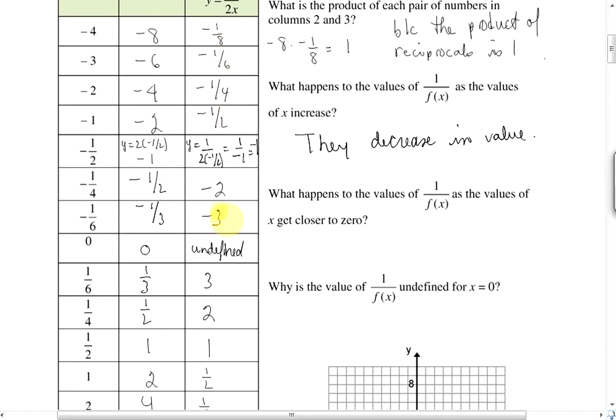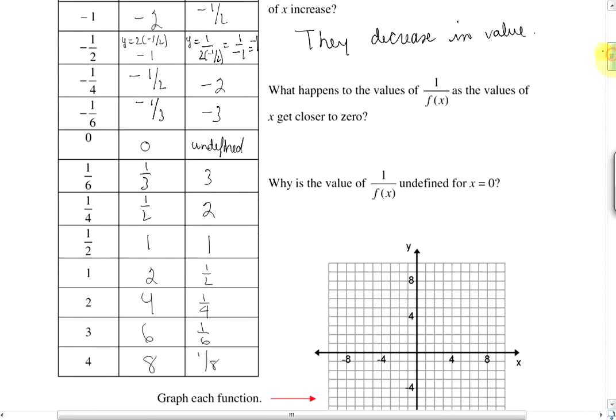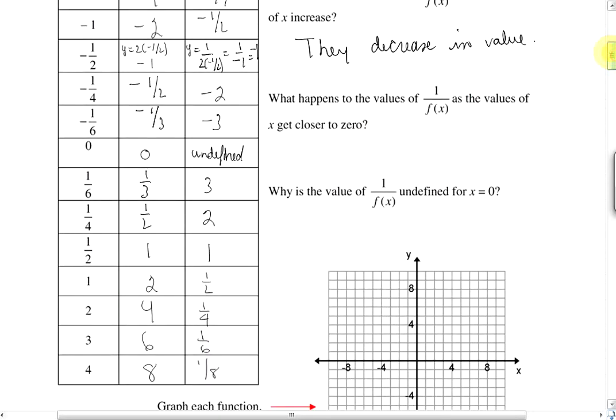Their absolute value is getting bigger. And when these x values, our positive values, get closer and closer to 0, our y values are getting larger and larger. Okay, so we say that the absolute value of 1 over f of x gets bigger.